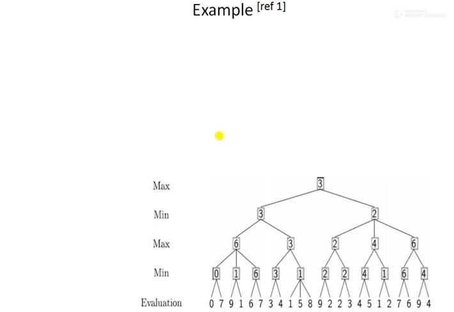So let us see one example here. Say this is a particular position. In this position we would like to calculate the values, that means in which direction max will move. So in this particular position it has two children, like this one and this.